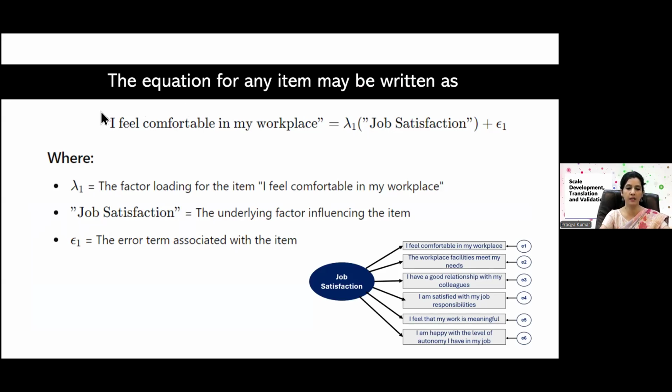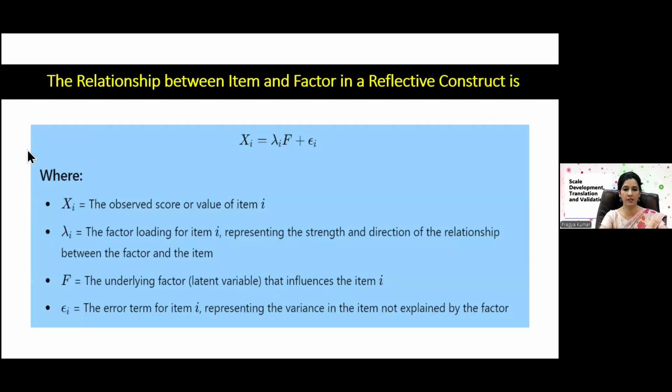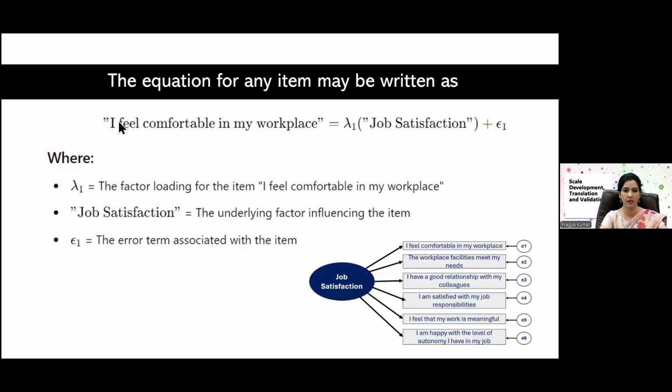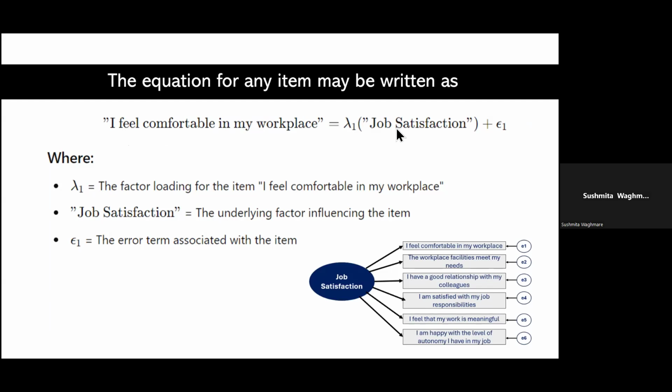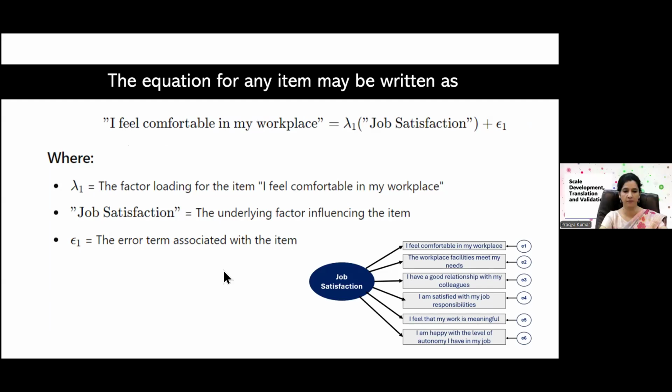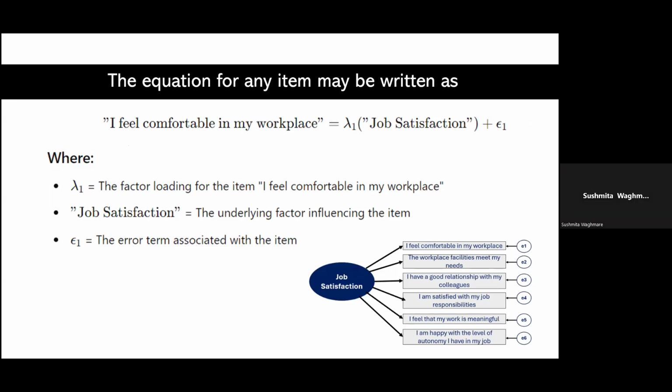Again, the same thing: I have just replaced xi with this question. So the score on this question will be equal to the loading times this factor plus error, because job satisfaction is affecting this item, and the error is unique to it.